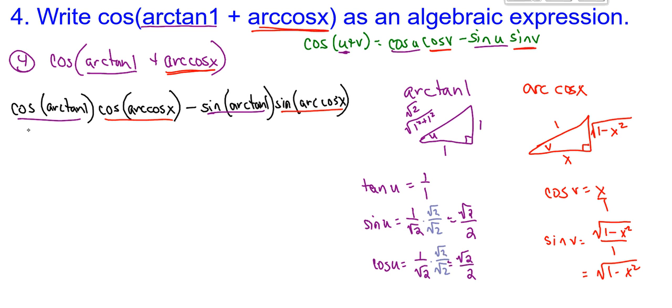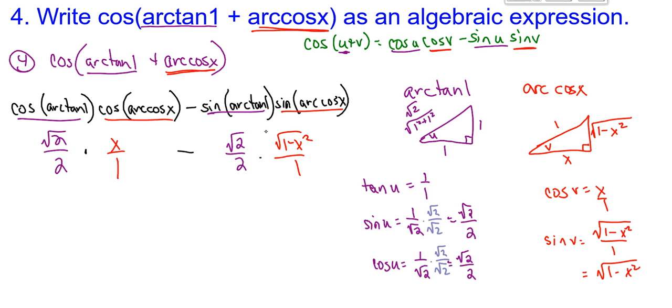The cosine of the arctangent of 1 is the square root of 2 over 2, times the cosine of the arc cosine of x, which is just x over 1, and minus the sine of the arctangent of 1, which is the square root of 2 over 2, times the sine of the arc cosine of x, which is the square root of 1 minus x squared over 1.